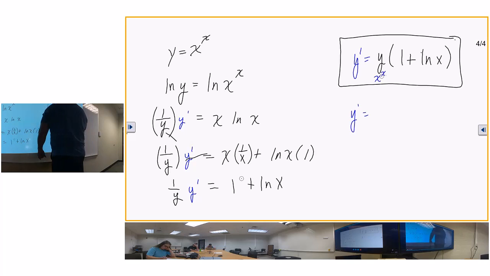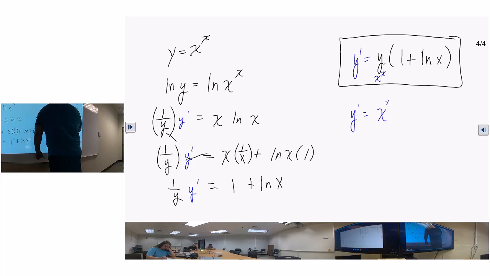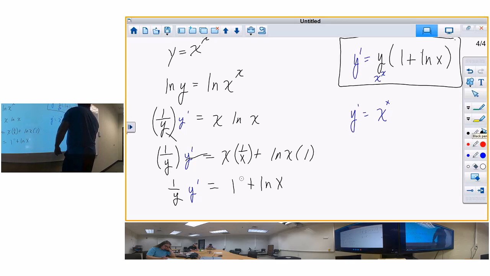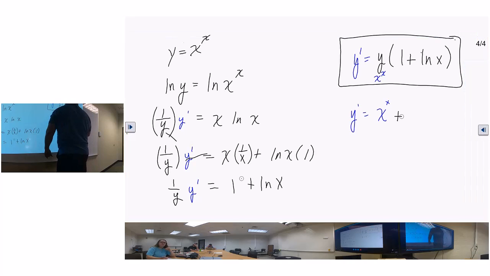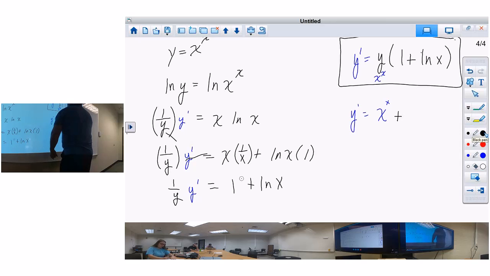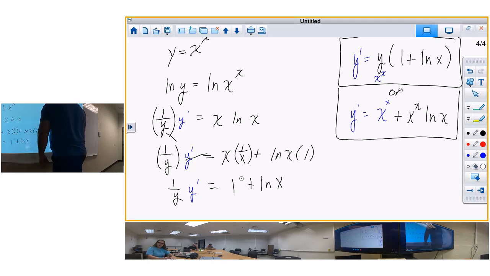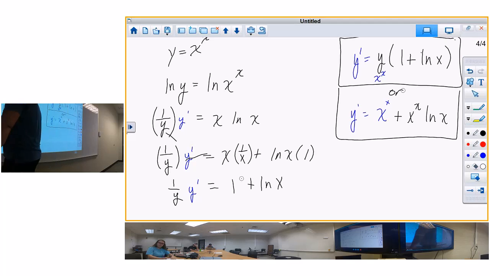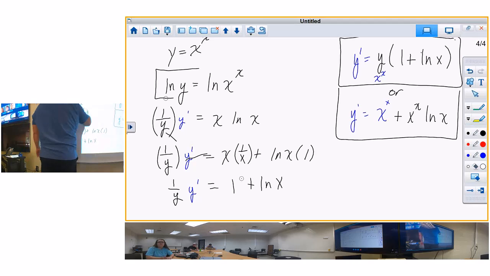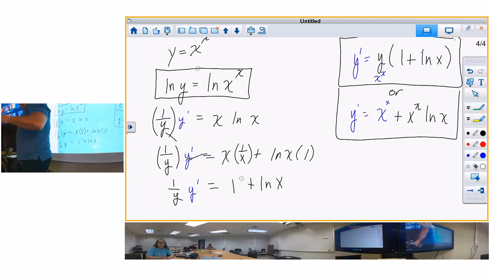And that's going to give you x to the x plus x to the x natural log of x. Again, the natural log of both sides is the easier way, okay?